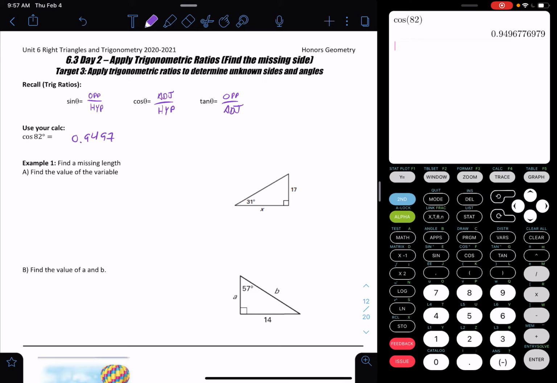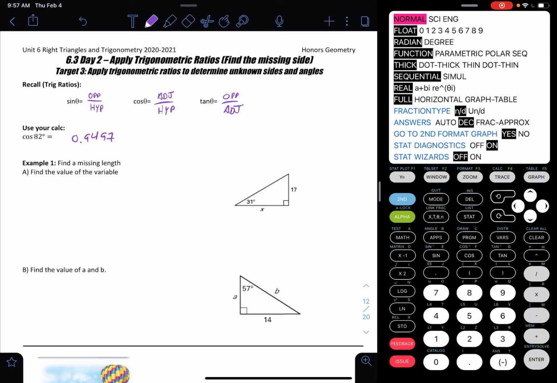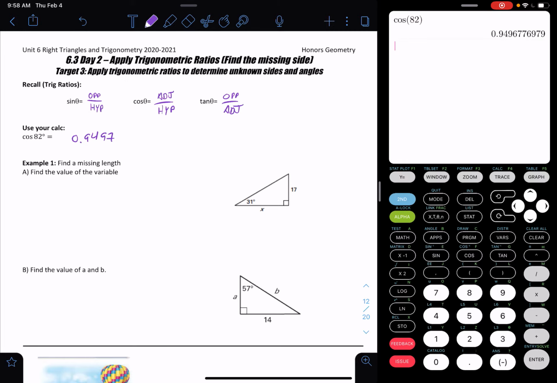So I'm going to hit mode right here, which is next to the second button. And I'm going to go down, and you see how radian is highlighted? I need to go down and over to degree mode and hit enter on that, and now I'm in degree mode. So then I'm going to clear out of this, so second mode will quit out of that. I'm going to type cosine of 82, and I see I got a completely different answer.